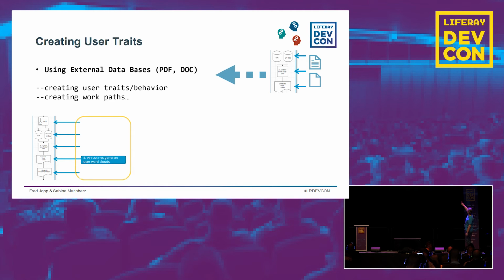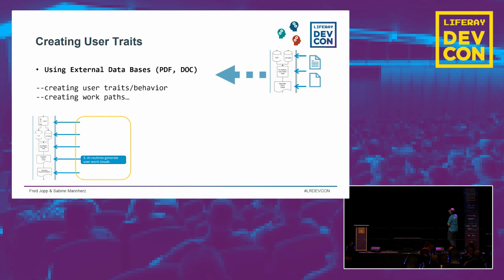We used external databases that are related to the system, where the users from the Liferay system have PDFs and docs in which they document their work, proposals where they describe their work, and small chunks on news that they've written or events that they've been to.